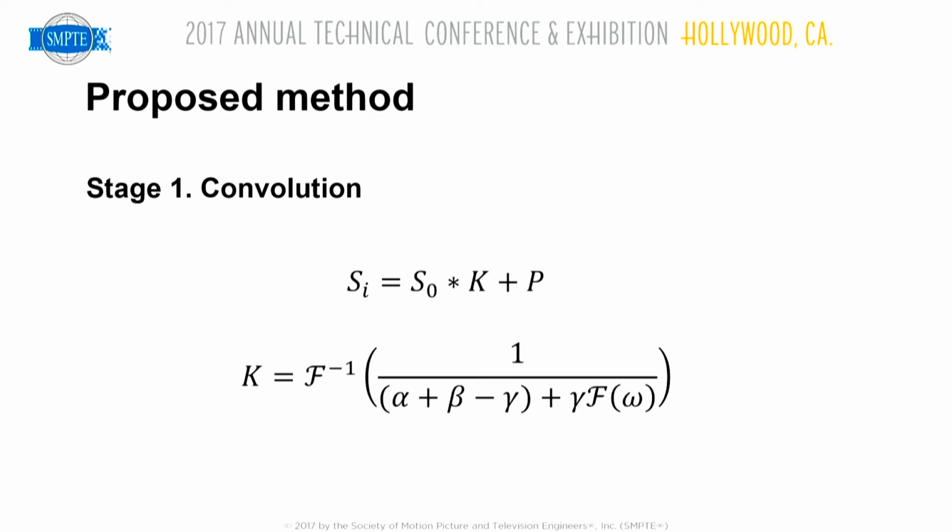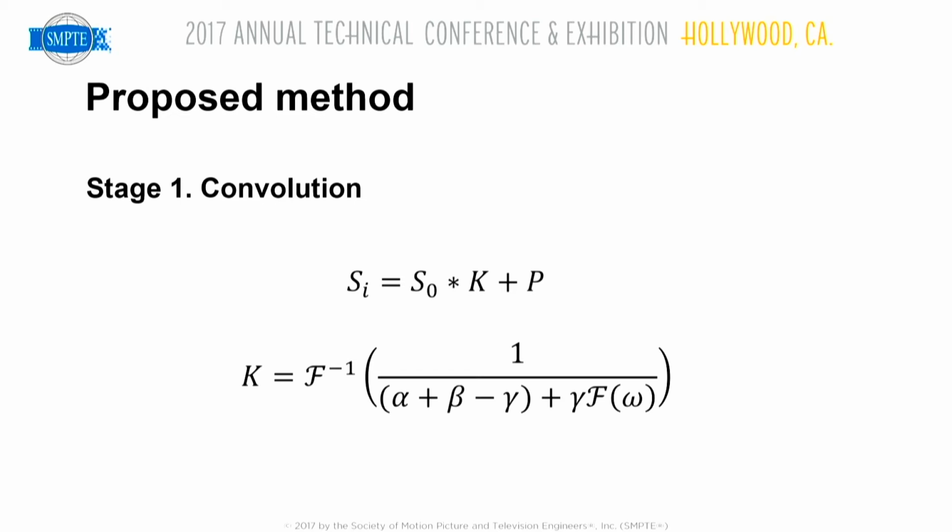In the first one, we convert the image to the HSV space and work on the S, the saturation channel. And this saturation channel of the original image is S0. So in the first stage, we convolve this saturation with a kernel K, add a constant P, which is basically related to the mean of the original image, and obtain an intermediate result, Si.